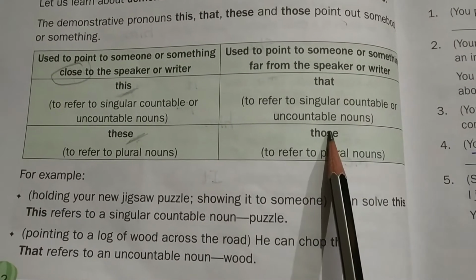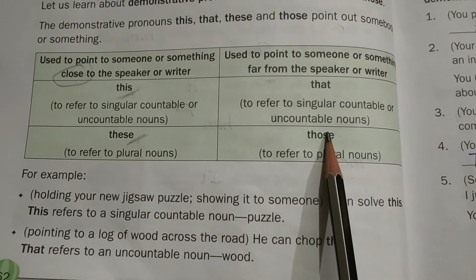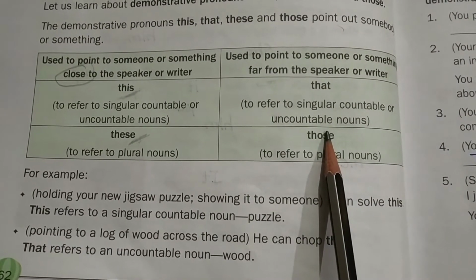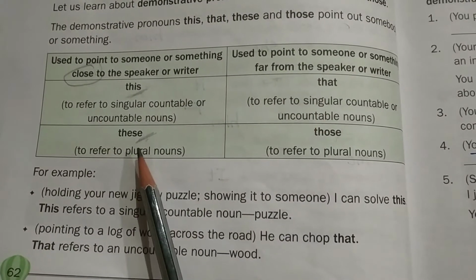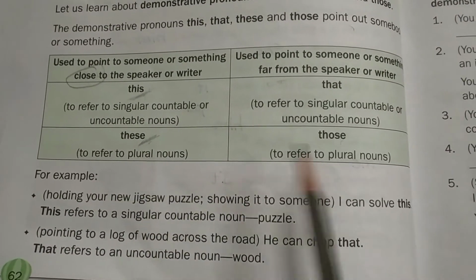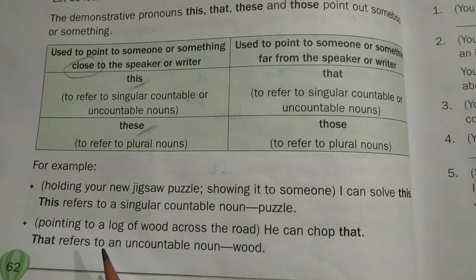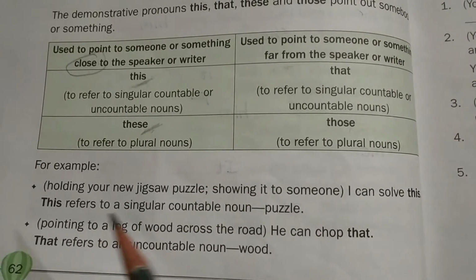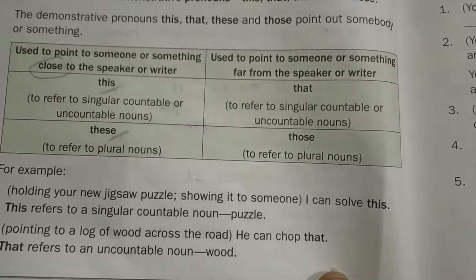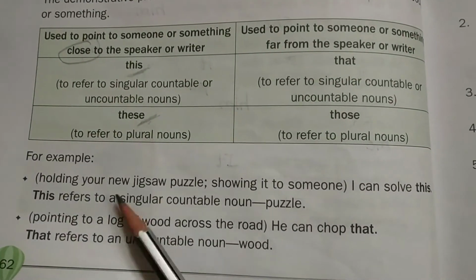Okay, this is the only difference between them. Whenever a singular noun comes, we need to use this and that, and when it is plural, these and those. Clear?